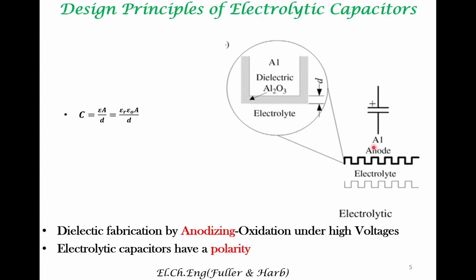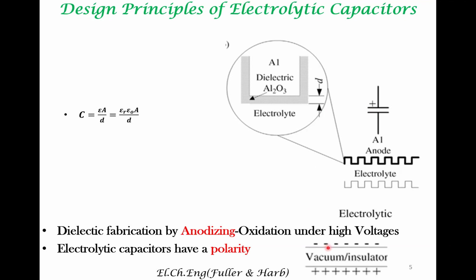This electrode should not be acting as a negative electrode. If you connect it to a negative electrode, this oxide will tend to get reduced. So it is important that this metal oxide electrode always acts as the anode of an electrolytic capacitor.